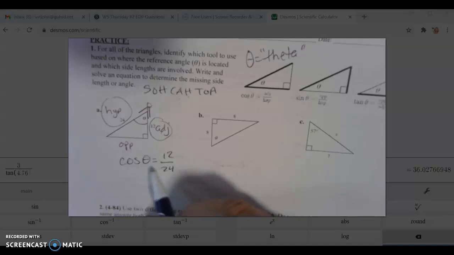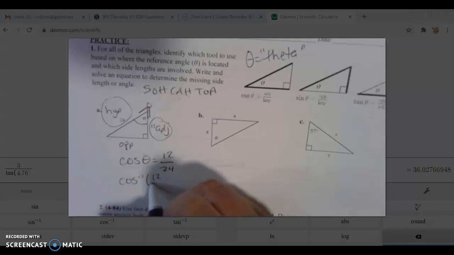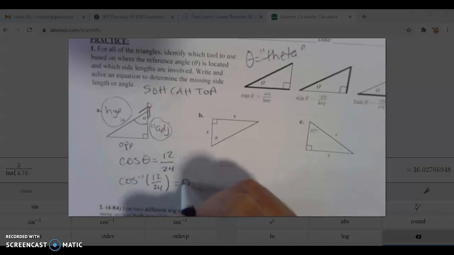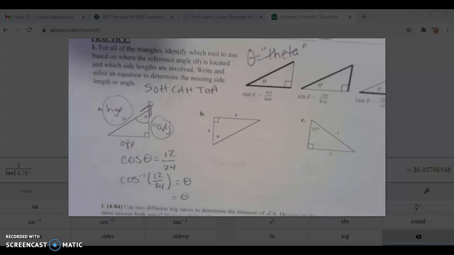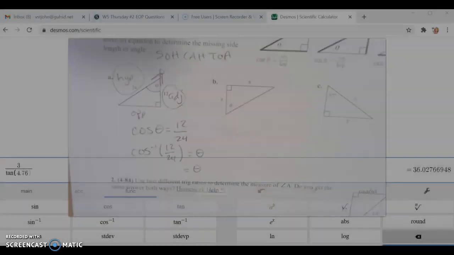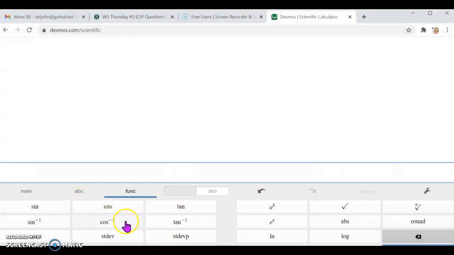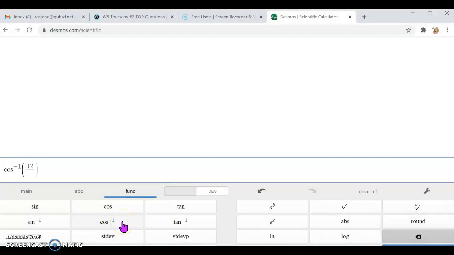If I don't know the angle, I'm going to flip it around, and the next step is inverse cosine of 12 over 24 equals theta. Then we go to our calculator and type inverse cosine. Inverse cosine of 12 divided by 24 equals 60 degrees.